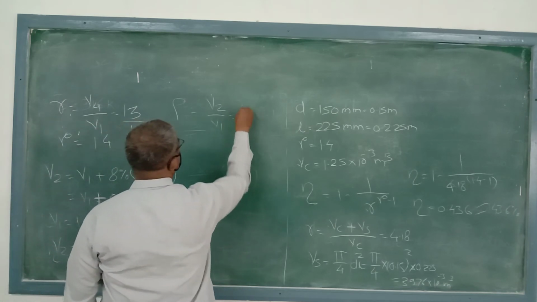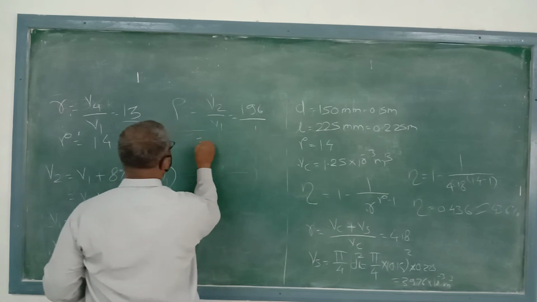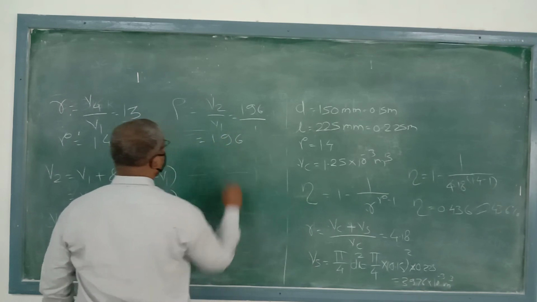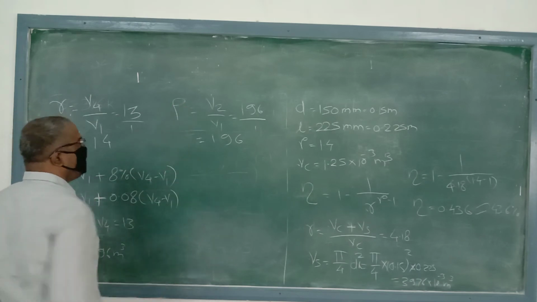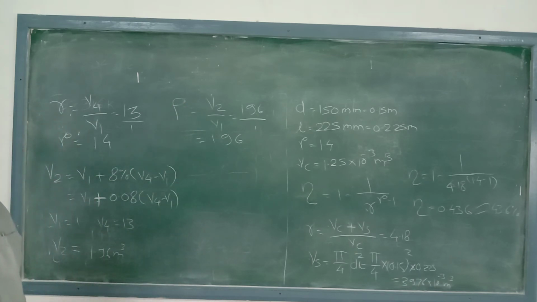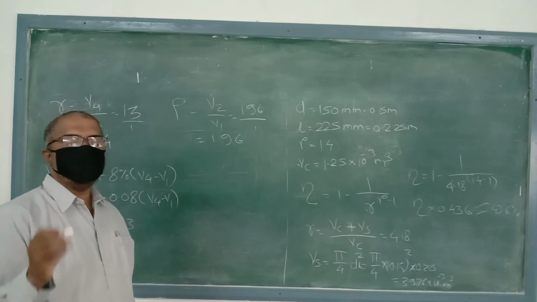So we are substituting 1.96 upon 1, which is equal to 1.96. So cutoff ratio we have found as 1.96.